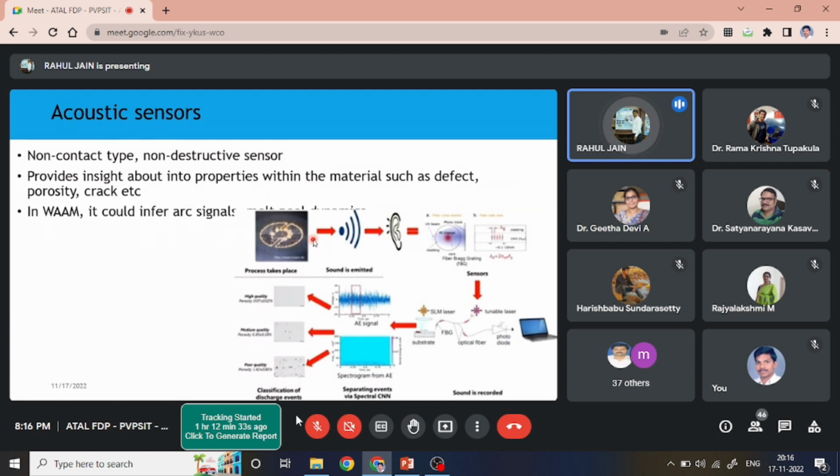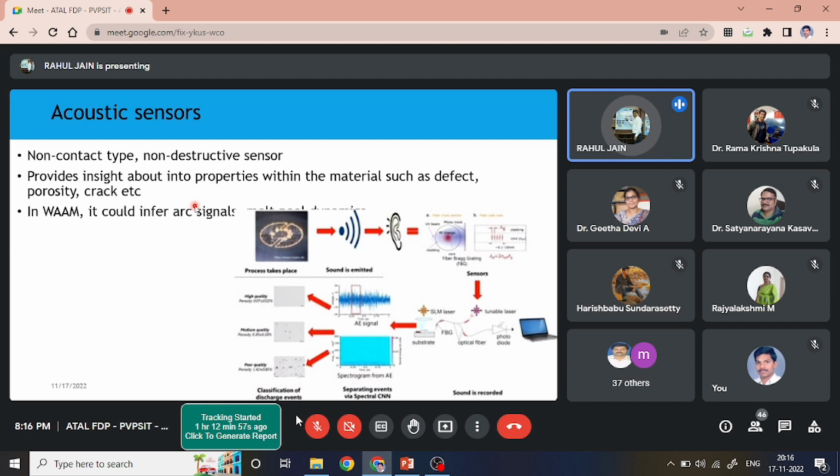So what people used to do when using an acoustic sensor is perform the experiment at night, 9 p.m., 10 p.m., where there is no person and the silence is pretty much complete. So the only drawback of the acoustic sensor is that if it captures the environmental sound or nearby sound, then differentiating that sound from the arc sound would be difficult.